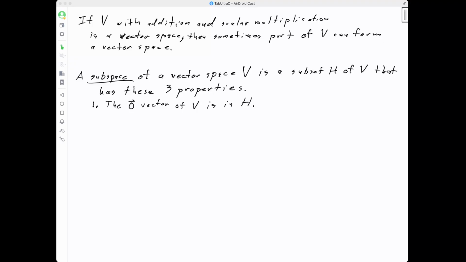The second piece is that your subspace must be closed under vector addition. And your third thing is that your subspace must be closed under scalar multiplication.